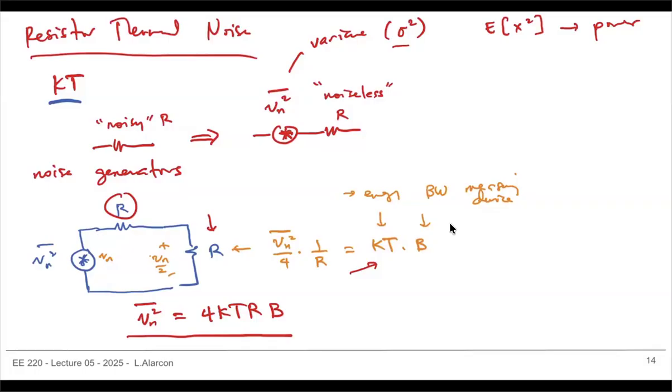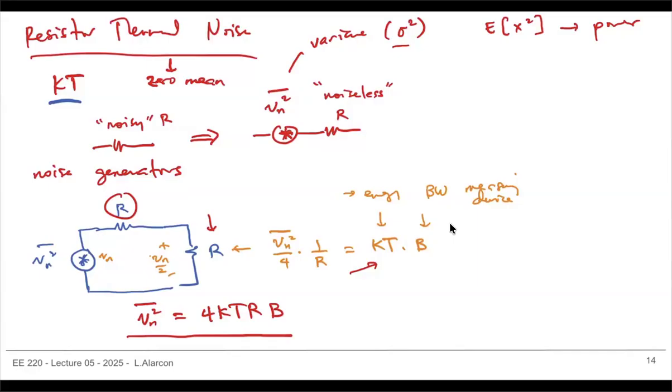This is a variance, and noise actually has zero mean. That means if I take a voltmeter to try and see what the DC value is, it's going to be zero, right? And that's expected.